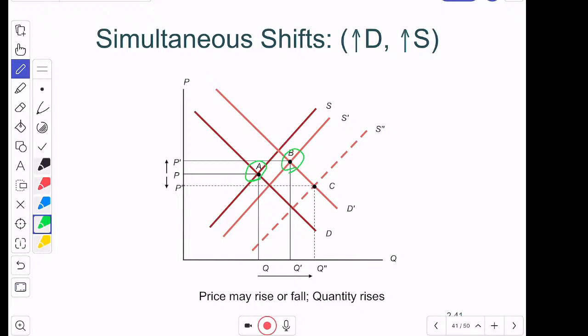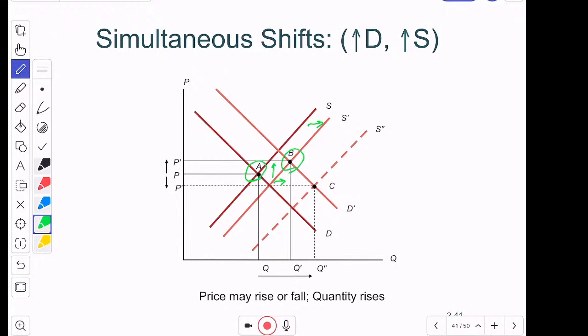If supply only increased this much, the price actually went up and the quantity demanded increased.